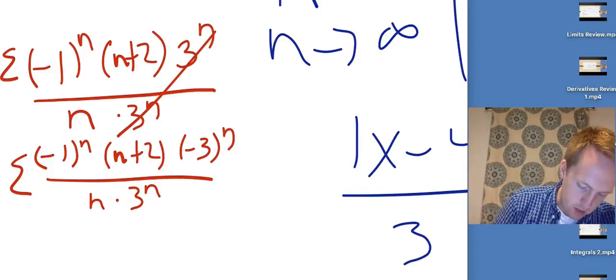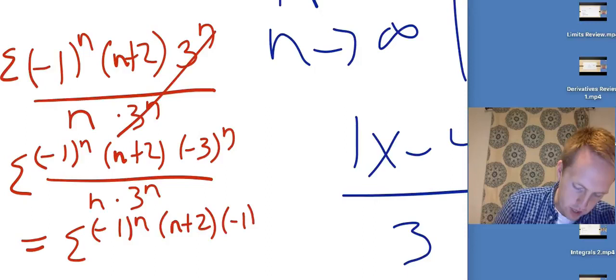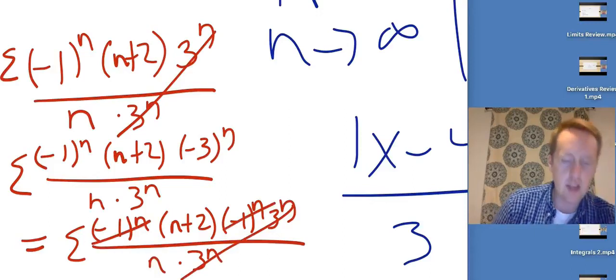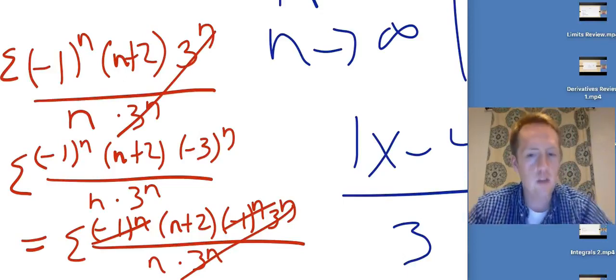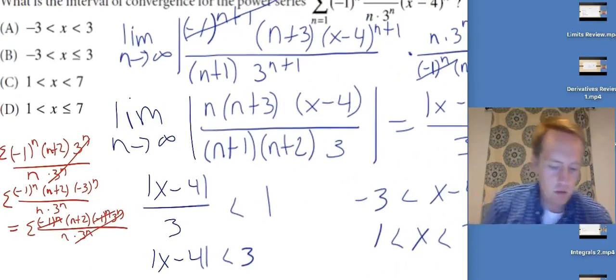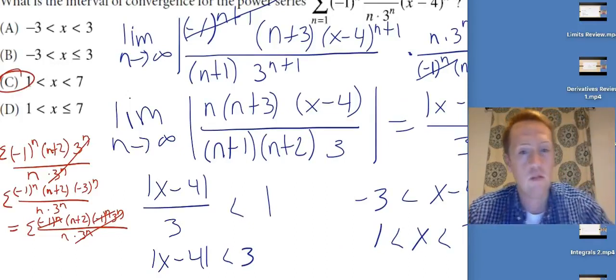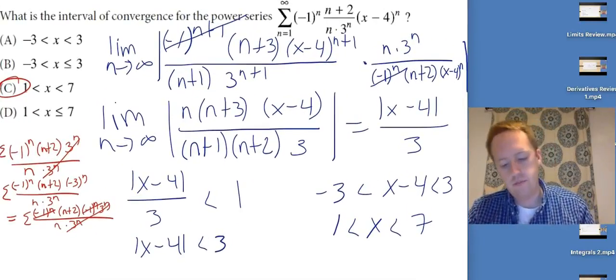Okay, this ends up being the sum of -1 to the n plus 2, -1 to the n, 3 to the n, over n, 3 to the n. 3 to the n's cancel out. -1 to the n times -1 to the n is just 1. So I'm left with n plus 2 over n. I don't think that's going to converge either. I'm looking at C. Neither endpoint converged, which is weird. That usually doesn't happen. I'm flabbergasted, but ready to move on.